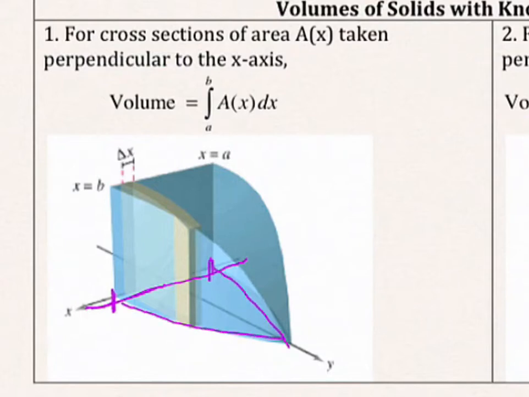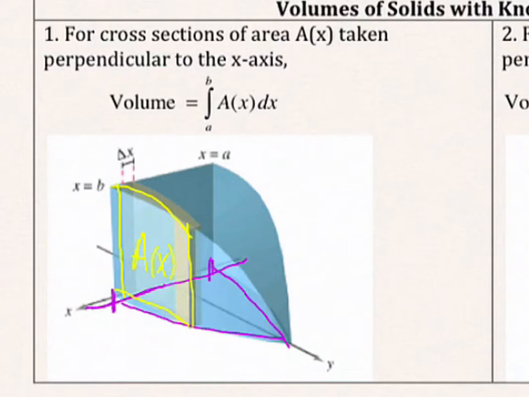And then our cross sections are going to be this shape right here. Okay, and this is where you find your A of x. So it's the area of that cross section, and this is going to be a formula. So you have to know the formula of that cross section.